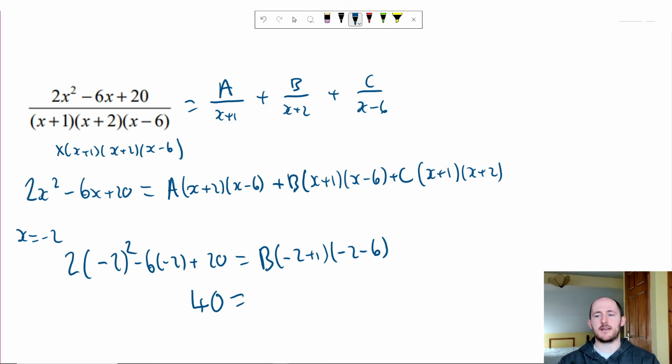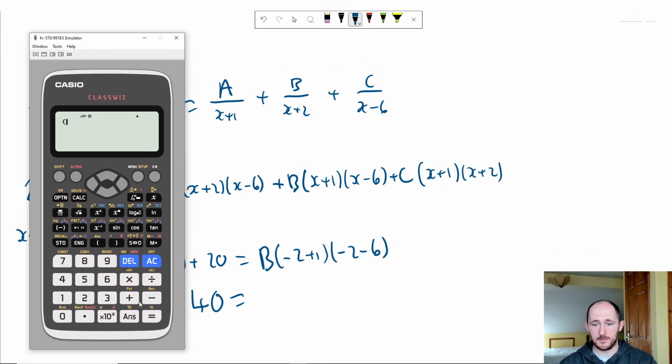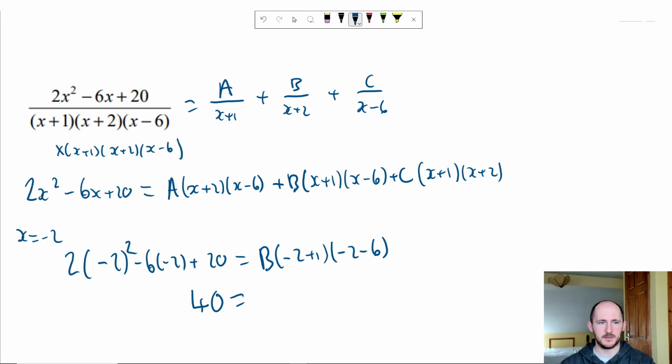The reason why I mention this is I have some very, very intelligent students, but they do make mistakes. I make mistakes if I don't write the whole thing. And literally I'm just writing the second bracket, whoops. The reason why I'm writing just the second bracket is when I type this in, it will give me the coefficient of B. So B is 8, so it's 8B. Divide both sides by 8 and you get 5.